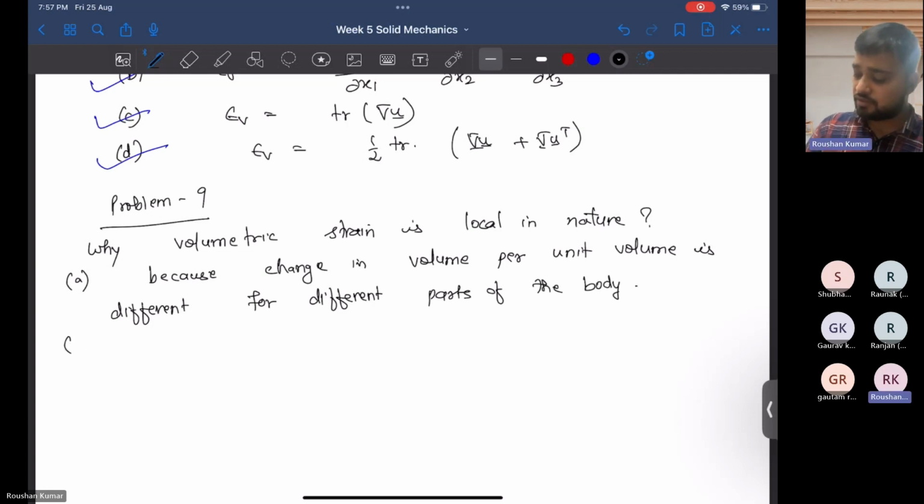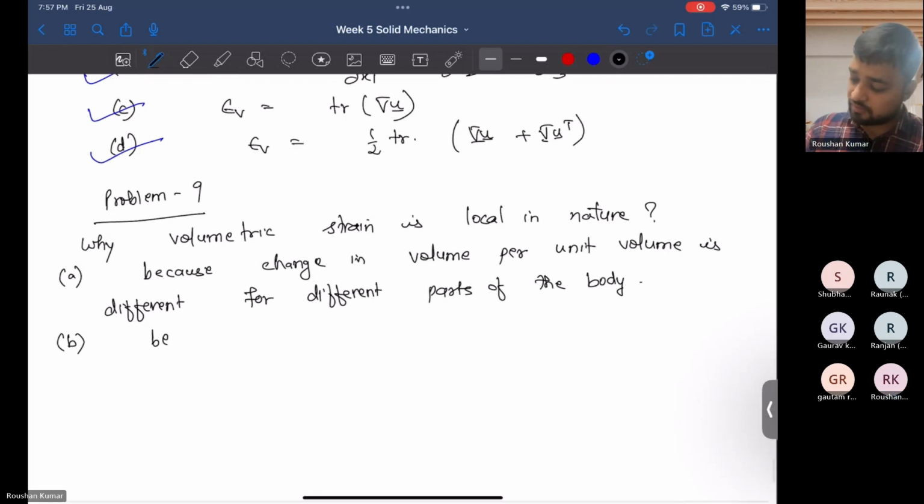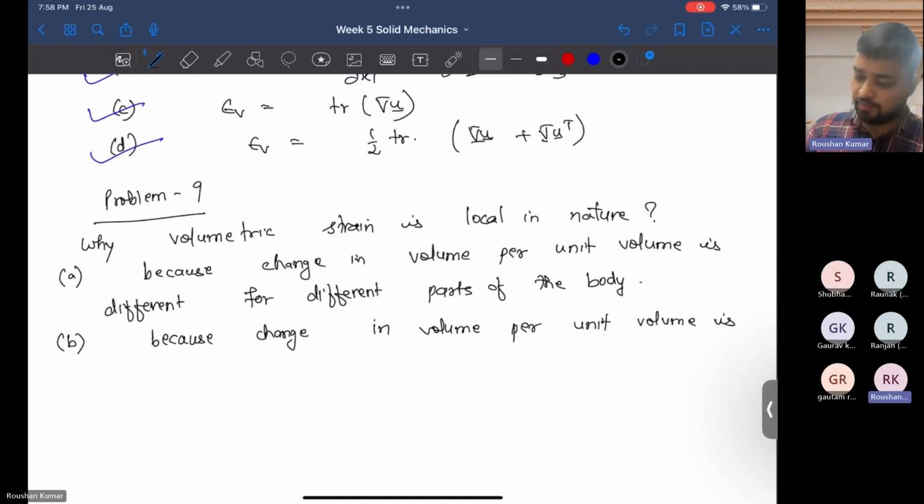The second option is because change in volume per unit volume is same for different parts in the body.